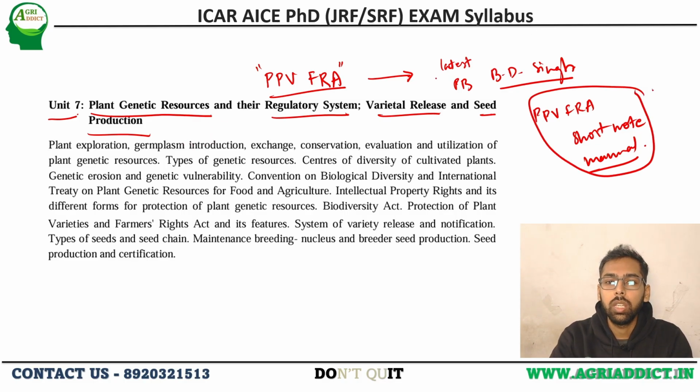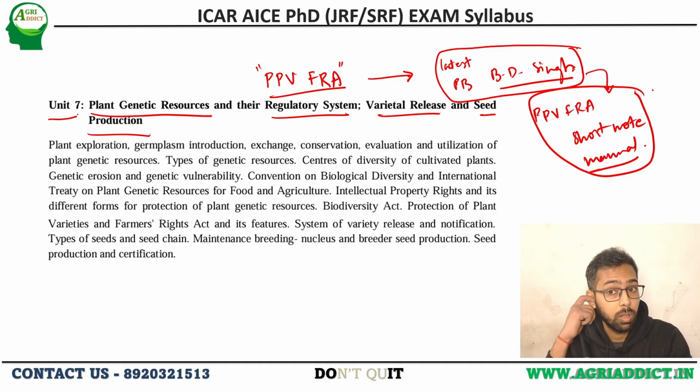The book of B.D. Singh helps you to cover the regulations followed by PPV FRA in India, and the PPV FRA short note manual also helps you to attempt more questions from these units.